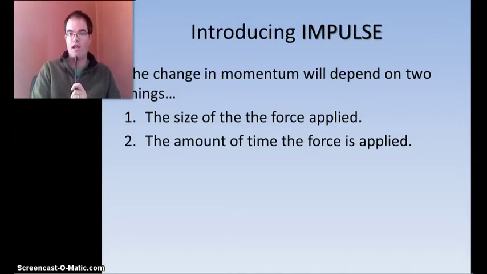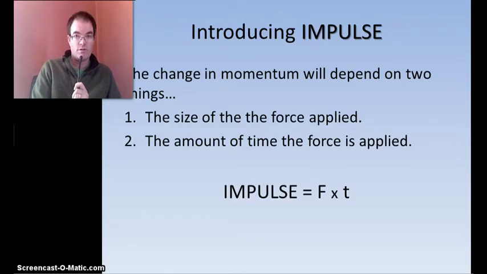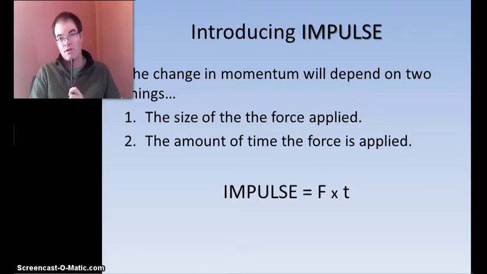If we want to change the momentum, remember we said we have to apply a force, but it also is dependent upon how long we're applying that force. We're going to define impulse as the force times the time. And here, time is the time for the force to act.